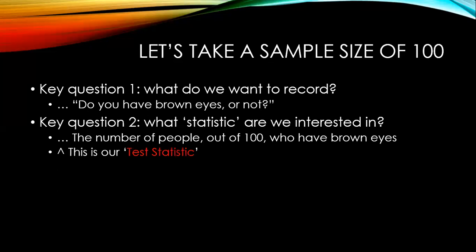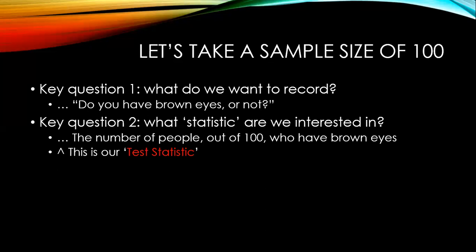When you do hypothesis tests in year 13, you'll do hypothesis tests with something called the normal distribution. You'll be interested in the mean, maybe the mean height of people in your sample, or the mean time it takes for people in your sample to run 100 meters. So the test statistic will be different depending on the distribution you're working with.